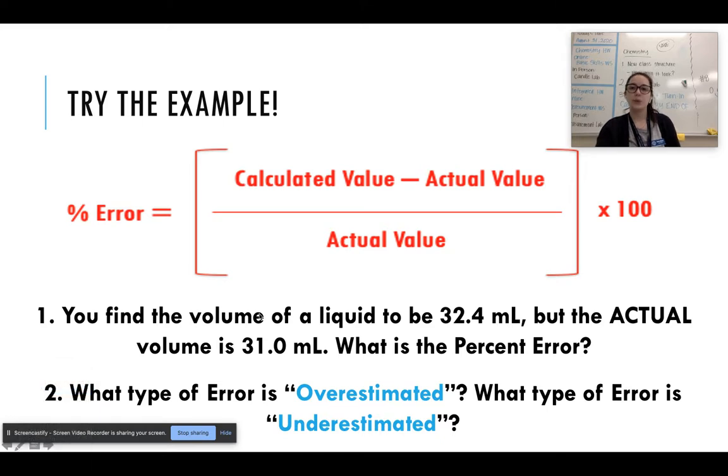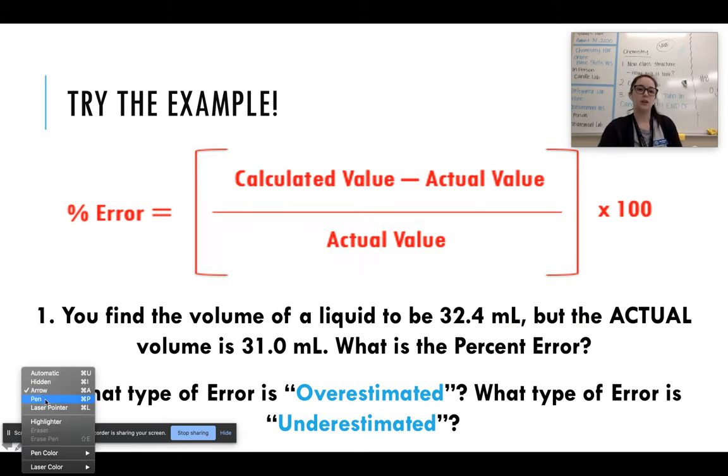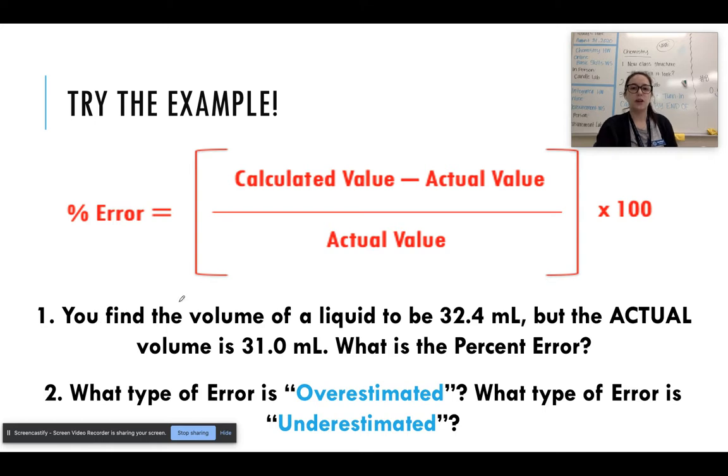All right, so with percent error, if we're looking at number 1 right now, my question reads that you find the volume of a liquid to be 32.4 milliliters, but the actual volume is 31.0 milliliters. What is the percent error? My first thing I have to do is determine what each variable means.